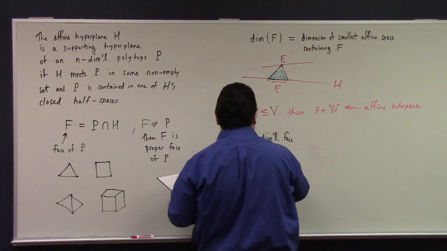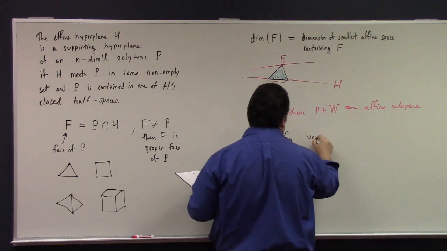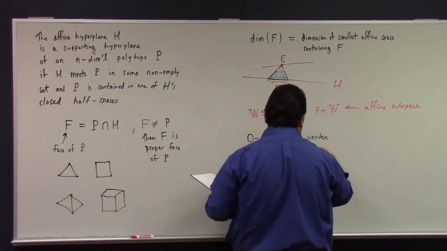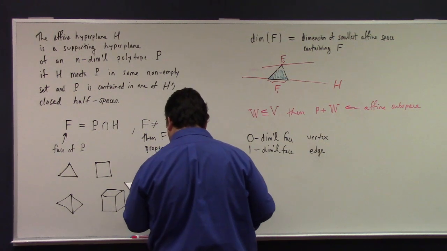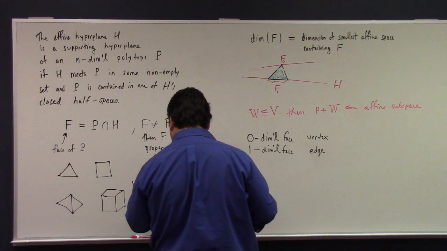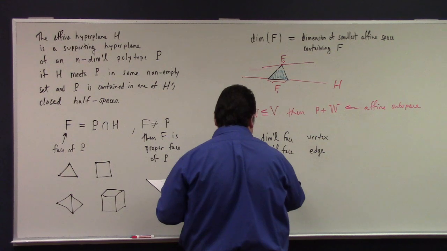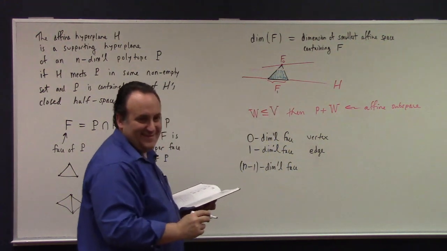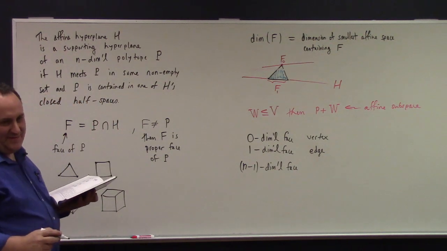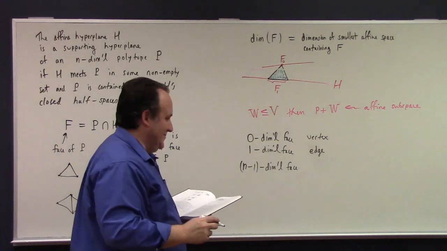So here's some terminology: zero-dimensional face, one-dimensional face: vertex, edge. What do you call n minus one dimensional? What is it? Oh, nothing. A two-dimensional face is just a face? Yeah, no. Uh-oh, I don't want to know.